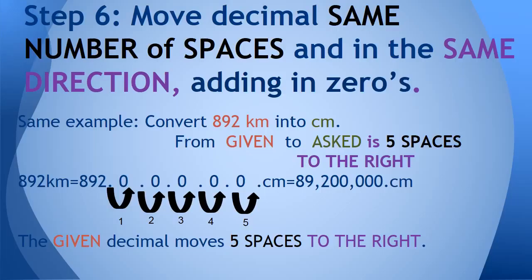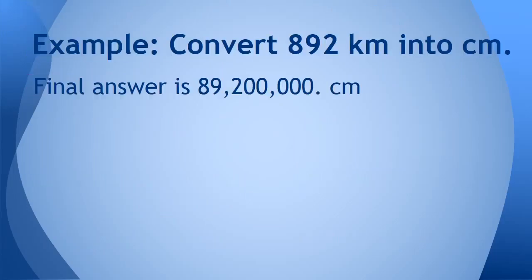So we move the decimal 1 space, 2 spaces, 3 spaces, 4 spaces, 5 spaces to the right, adding in zeros for each space so that your answer is 89,200,000 centimeters.